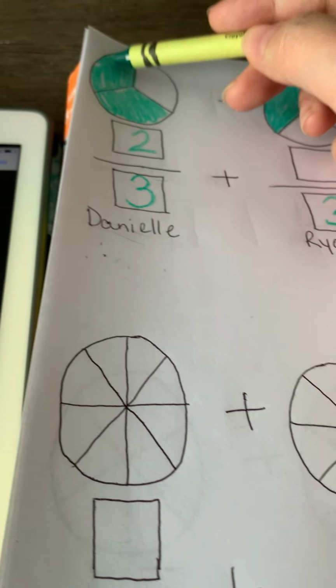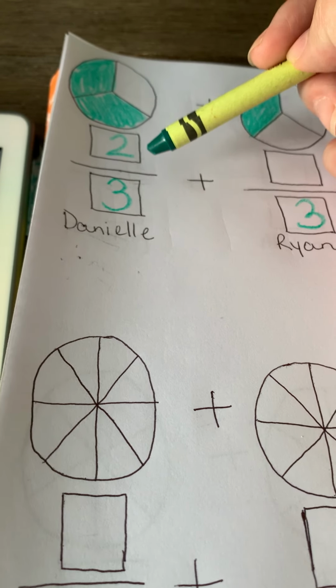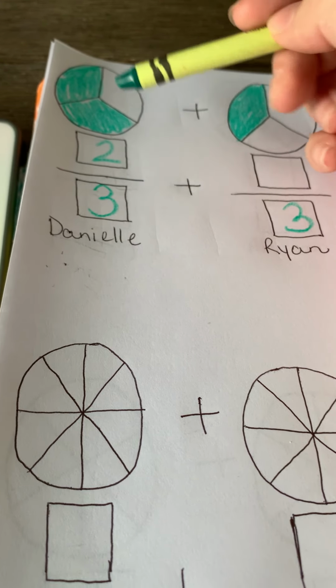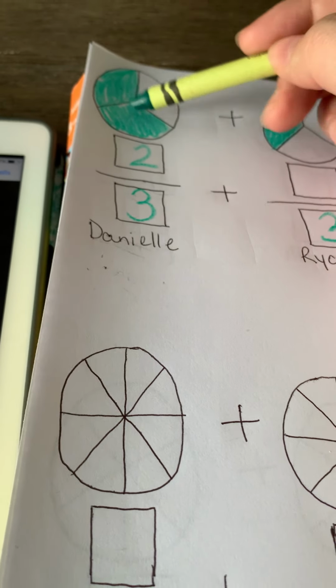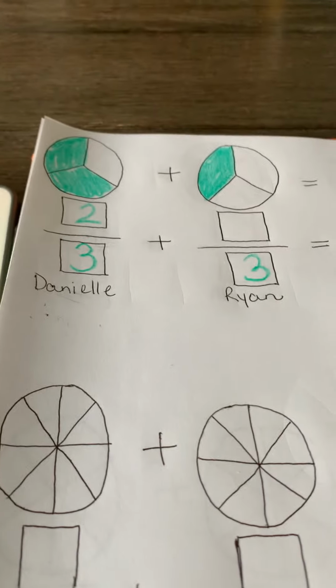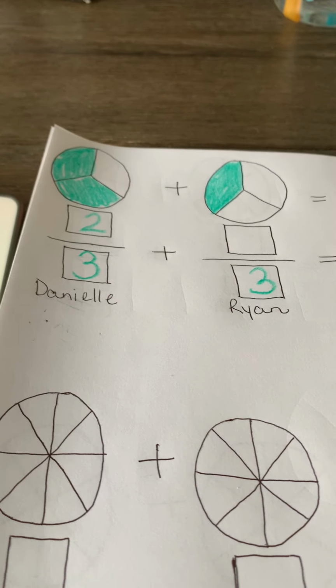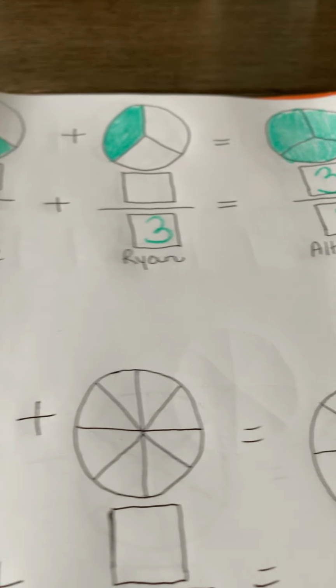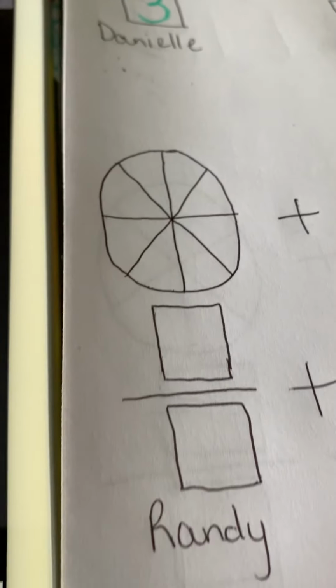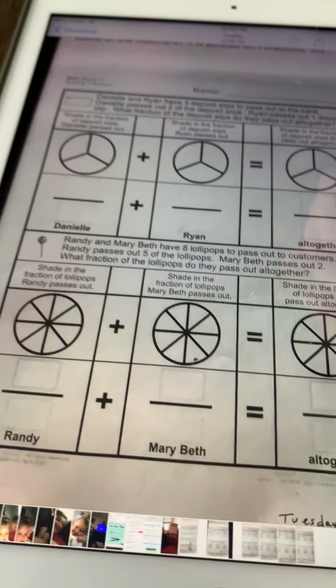Like Danielle passed out 2 out of the 3 deposit slips, so she only passed out 2, so that's going to be your top number. Okay, so once again, that is your top problem. And let's go down here to the bottom problem.